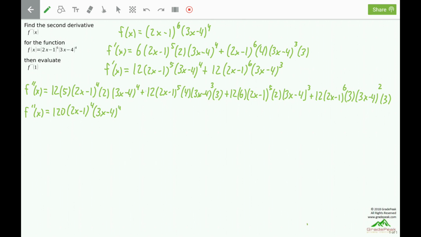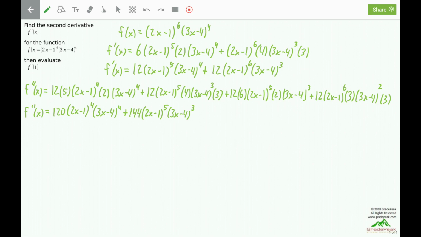The next term we have a 12, a 4, and a 3. 4 times 3 is 12, times the other 12 is 144, so plus 144, (2x minus 1) to the 5, and (3x minus 4) to the 3.